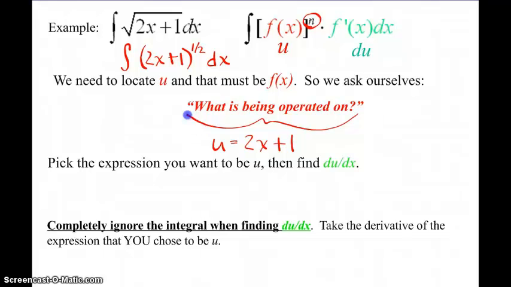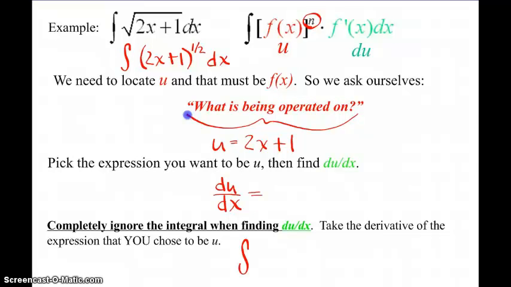So I'm going to pick the expression that I want for u, and then I'm going to find du dx. Because again, I'm after completely rewriting this integral in terms of u, and I need to evaluate that with respect to u, so I need u and du inside that integral.